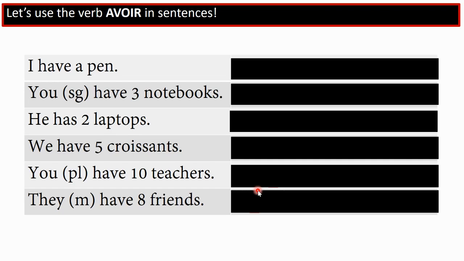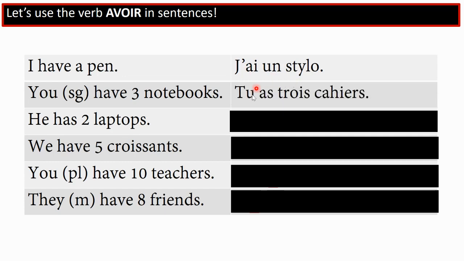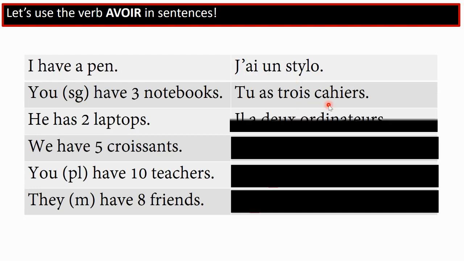Let's use the verb in sentences so that you have a better idea. To say I have a pen, we say j'ai un stylo. You have 3 notebooks. Tu as 3 cahiers. He has 2 laptops. Il a 2 ordinateurs.